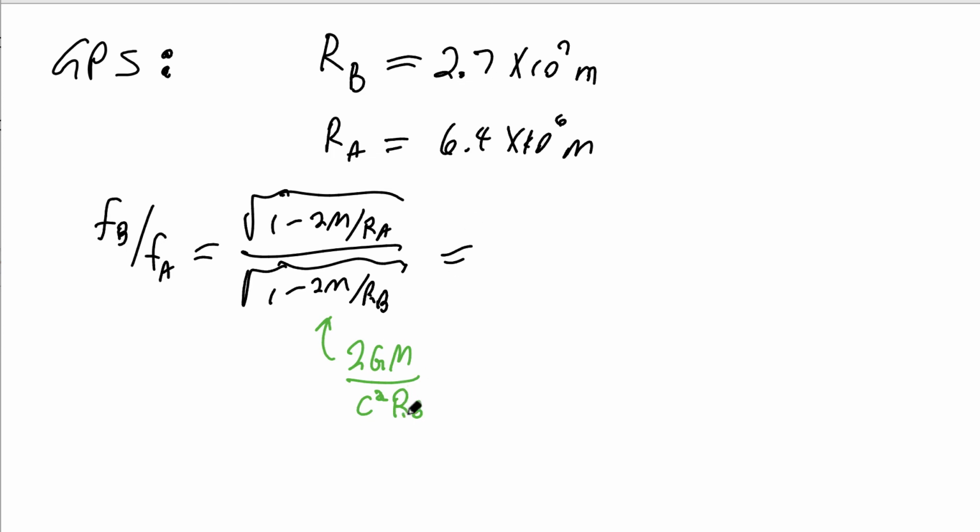If we put these numbers in, we find the following result. This is approximately 1 minus 5 times 10 to the minus 10. So this is the fractional change in frequency, and it's also the fractional change in the rate at which the clocks run.